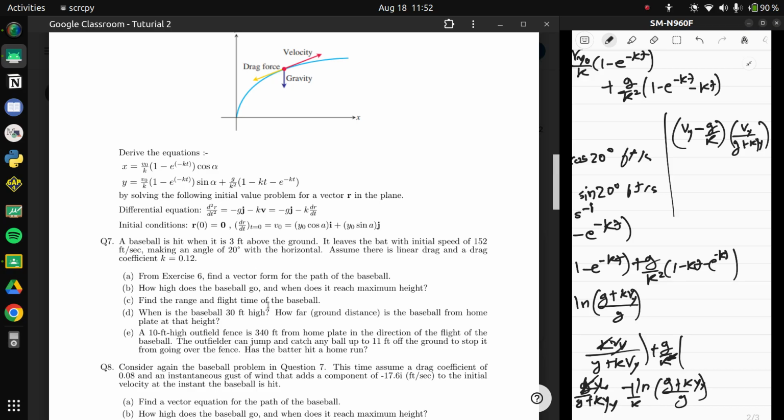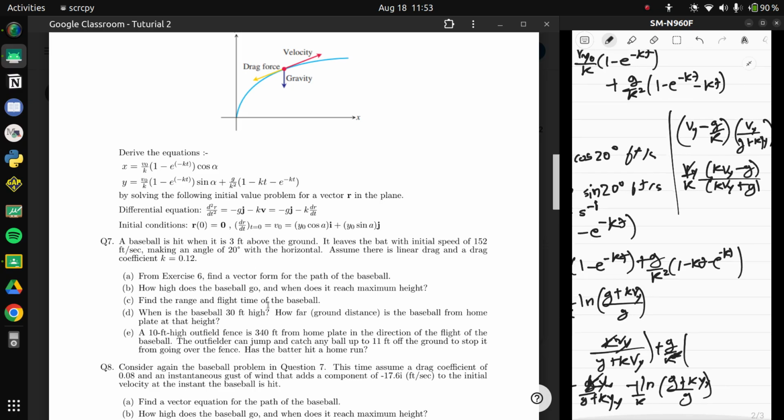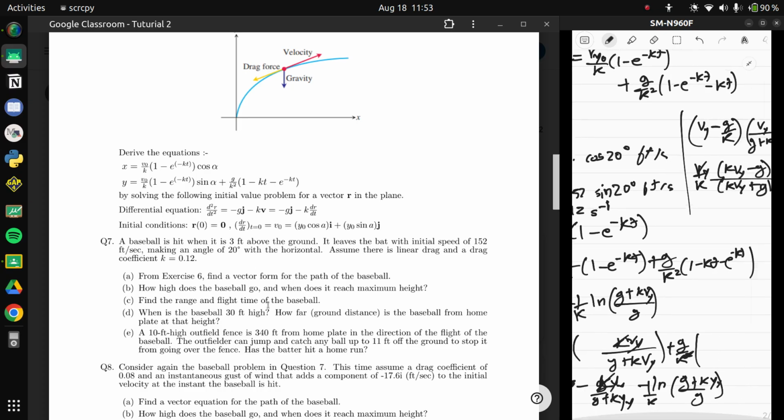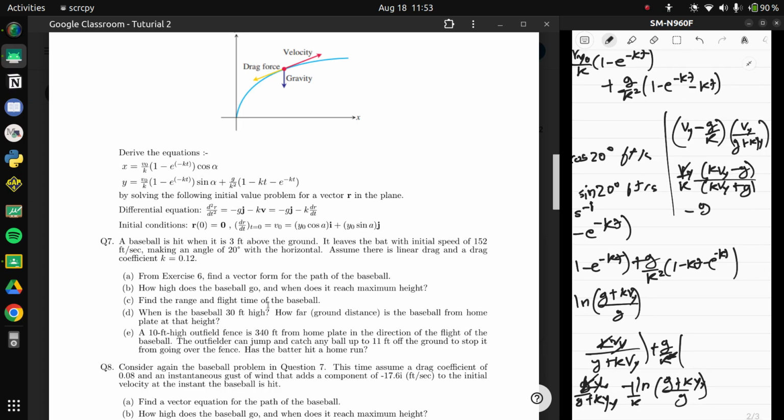Right, now what? That's a good question. Now what? Something like 1 upon k, or I should say Vy upon k, times k Vy minus g upon k Vy plus g. This is the quantity, right? And minus all that stuff. So just minus g upon k square natural log of 1 plus k Vy upon g.